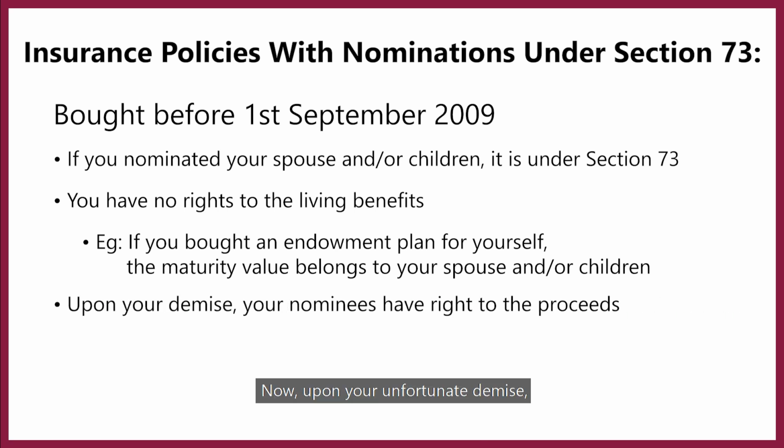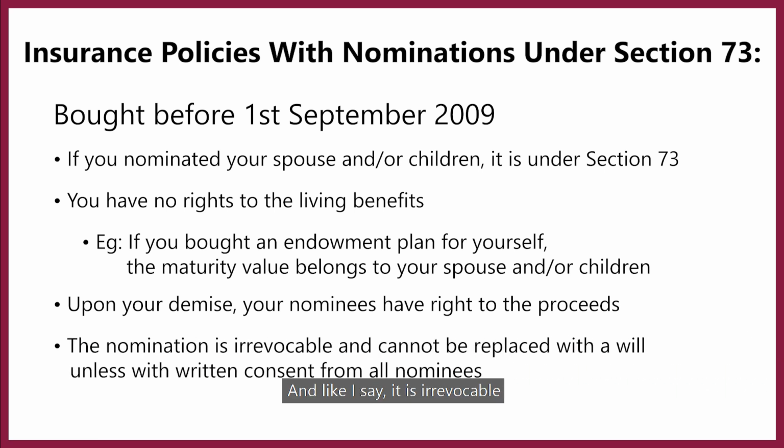Upon your unfortunate demise, your spouse and your children have right to the proceeds of the policy. And like I say, it is irrevocable unless with the written consent from all nominees, and even a divorce cannot revoke this nomination. And of course, because you have unknowingly created a trust, this cannot be replaced with a will. You cannot use a will to distribute this policy, unless again with written consent from all nominees.